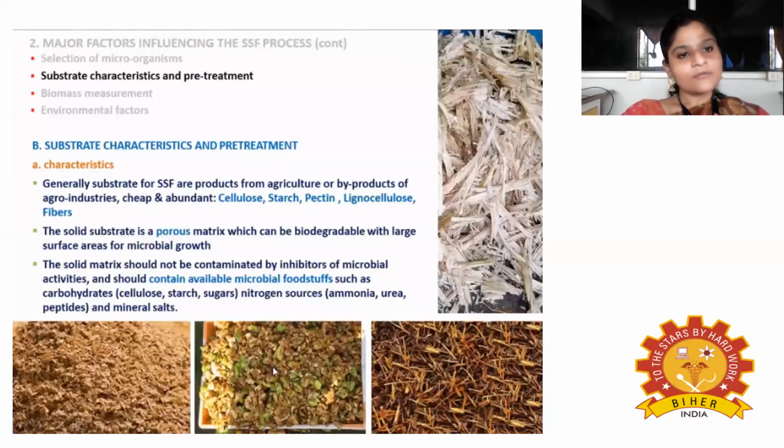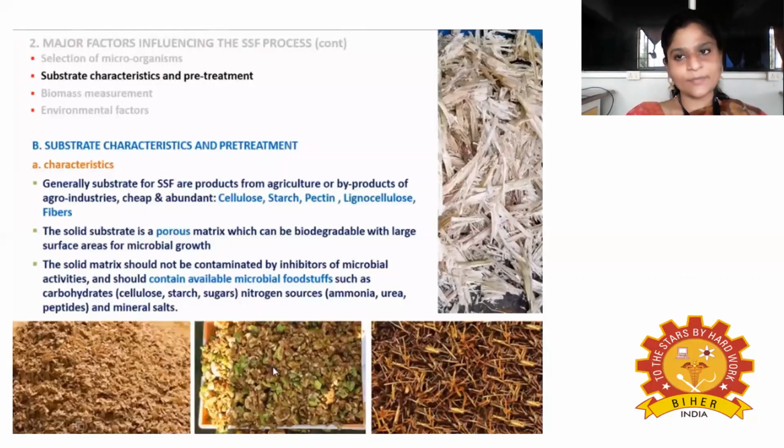So why are we using fungi for solid state fermentation? Because the structure of fungi supports this process more. The penetration of fungi into your substrate is very good because of its filament structure. It can easily penetrate to the surface of your substrate.